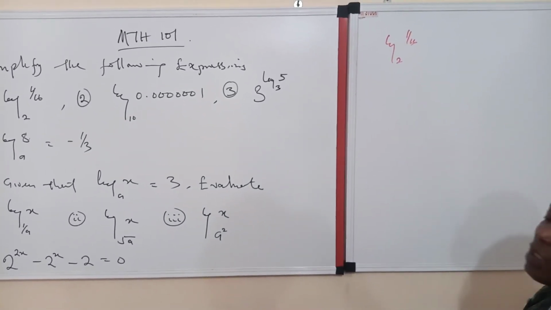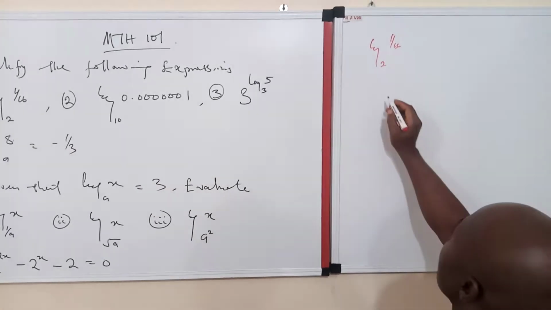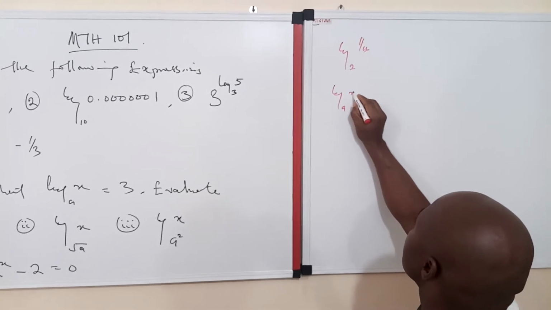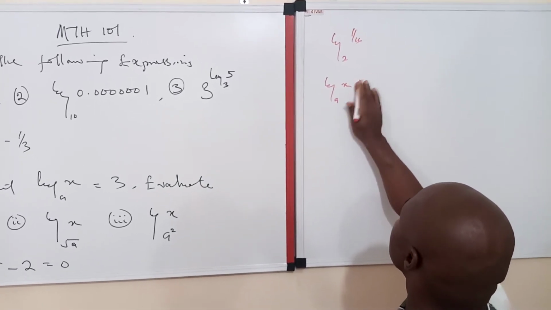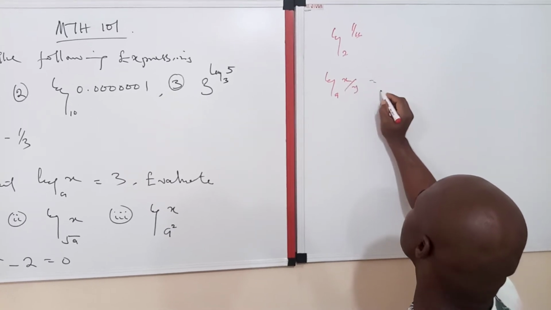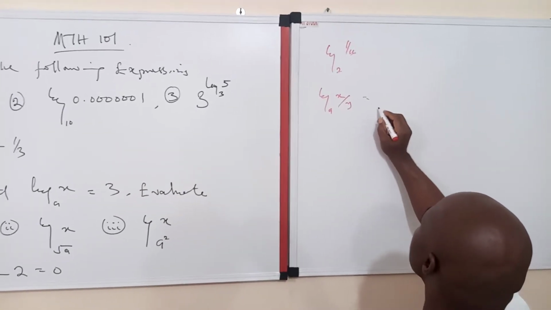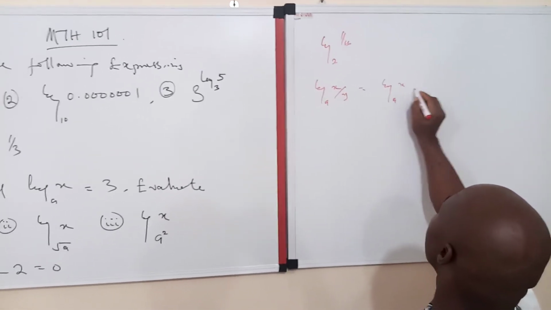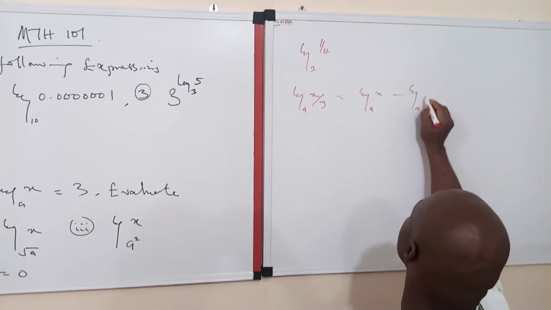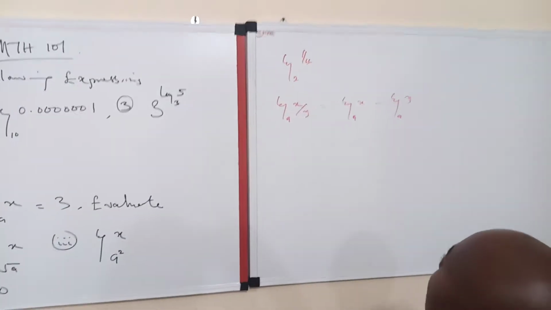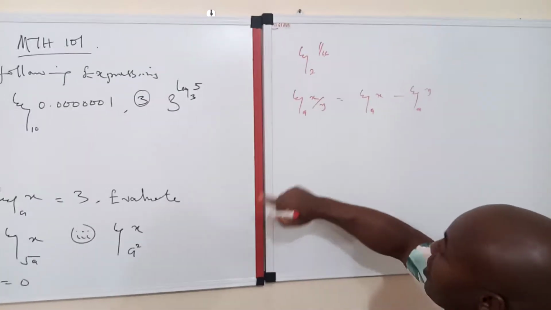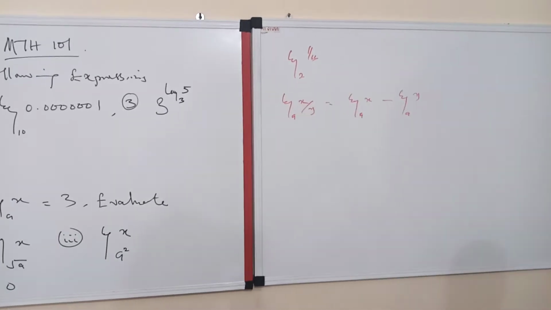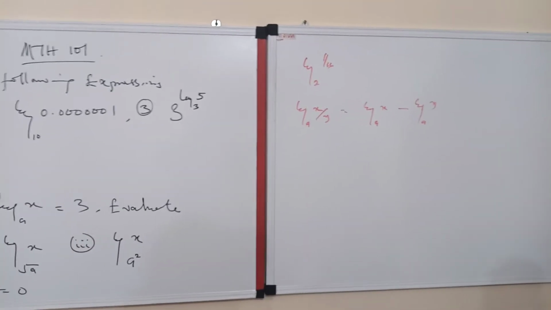For example, the log of the quotient x over y is equal to the difference of the logs. This is one of our cases, case number 2, I believe. If we have this kind of expression, we can simplify it in a similar manner.